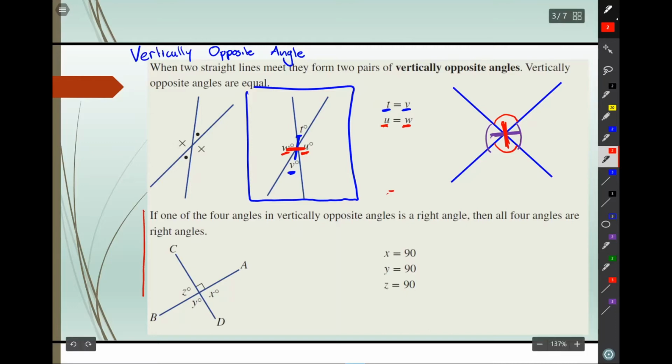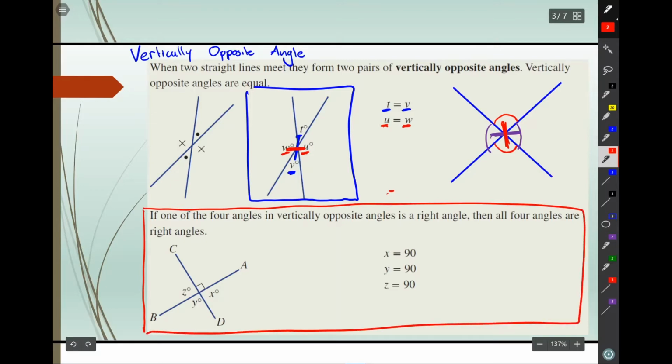Now, this is less important for you to remember, but it's just a point that I want to make sure you're aware of, that if we have a set of 4 vertically opposite angles here from two lines crossing, and one of them is 90 degrees, that actually means they all have to be 90 degrees.